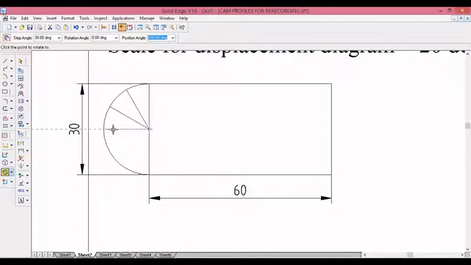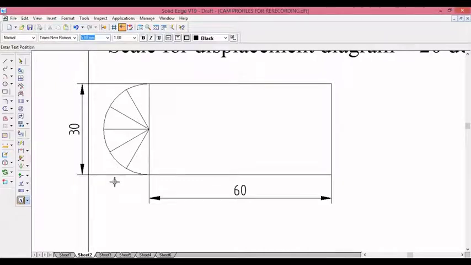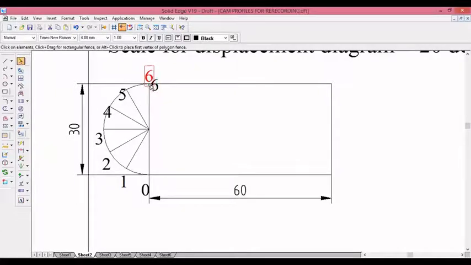So 30, 60, 90, 120, 150 and 180. So we have divided the circle into 6 equal parts. Give the naming for this. Let me consider this as 0. So this point is 0. This is 1, 2, 3, 4, 5, and 6. So 6 divisions are there.